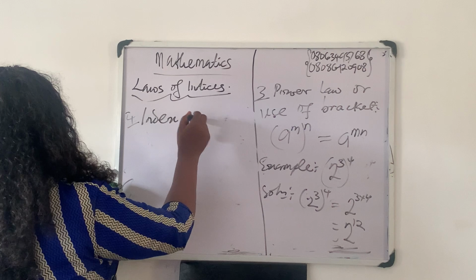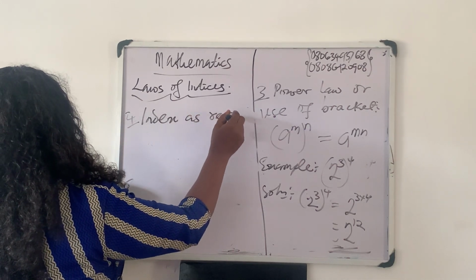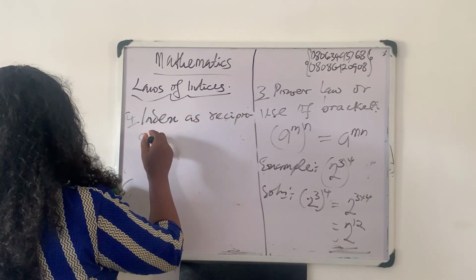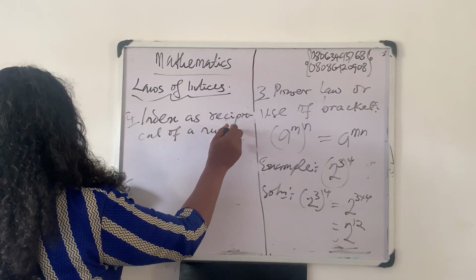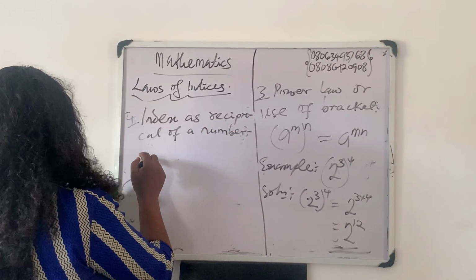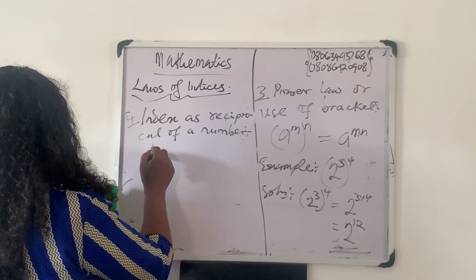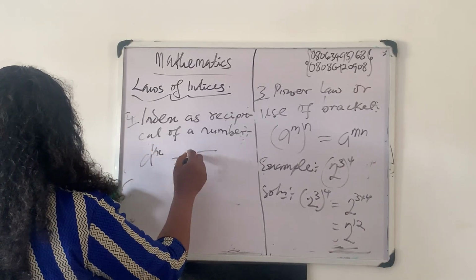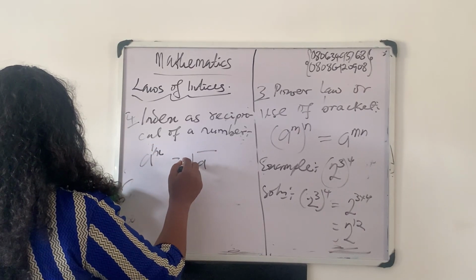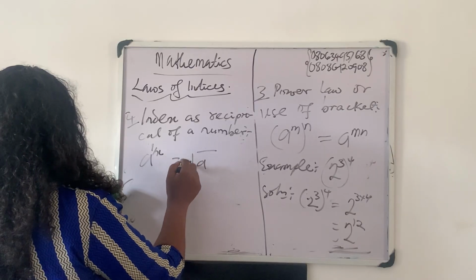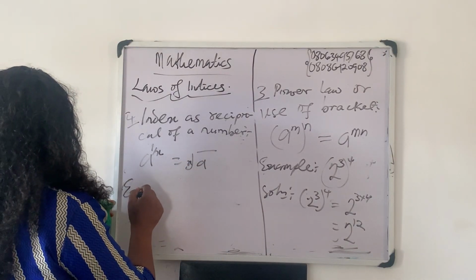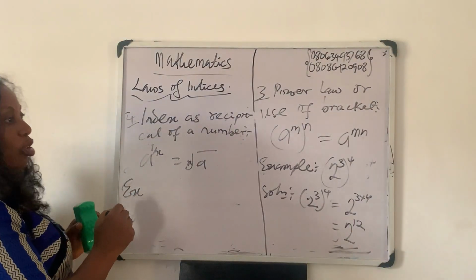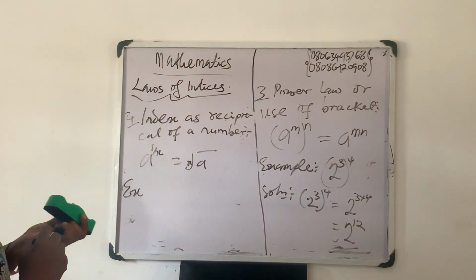Index as reciprocal of a number. Here, the law says that a raised to power 1 over x equals the xth root of a.